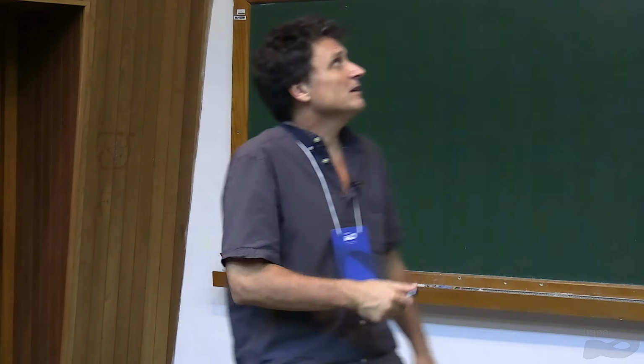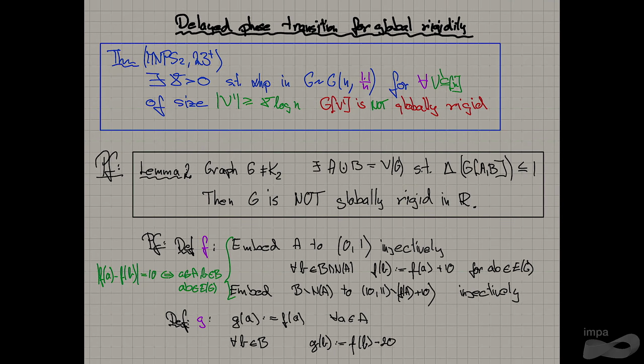Because if you are interested in reconstructing a linear sized part of your graph, then for a generic point set you can do it at just 1 plus epsilon over n, where epsilon could be arbitrarily small.